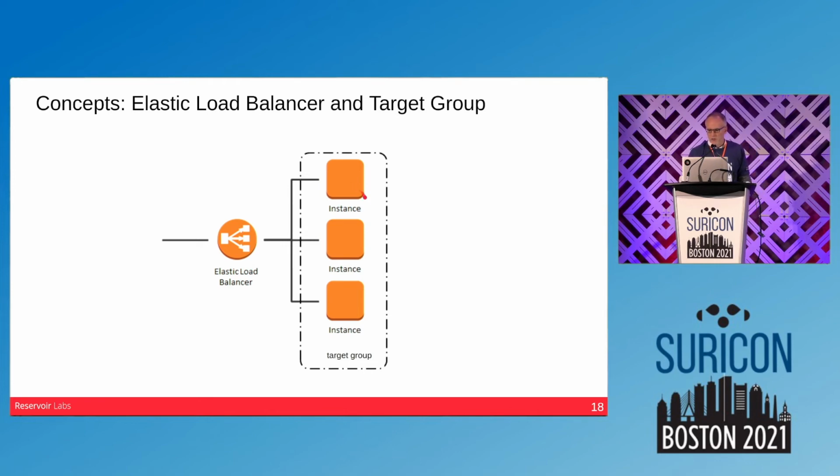So you register new instances, launch them inside a target group, and then associate that target group with the elastic load balancer, the NLB. Once the NLB is associated with this target group, it's going to know where to forward the packets, where to do the load balancing.